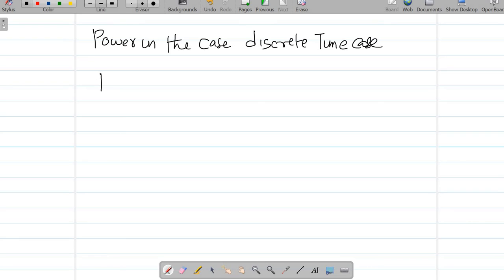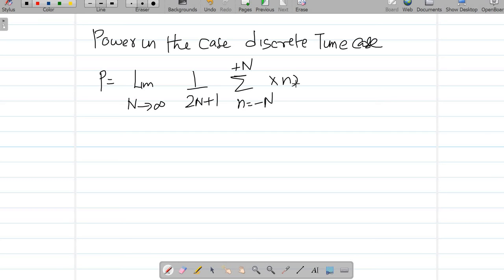So the power in the case of the discrete time case is P equal to limit N tending to infinity, 1 divided by 2N plus 1, summation small n from minus N to plus N, |x(n)| magnitude squared.